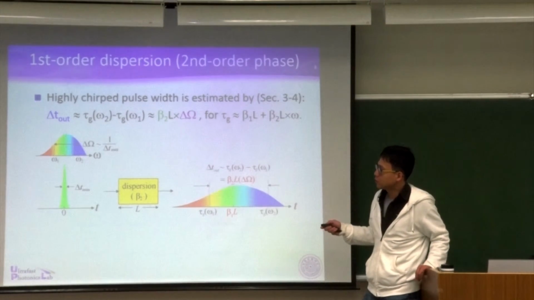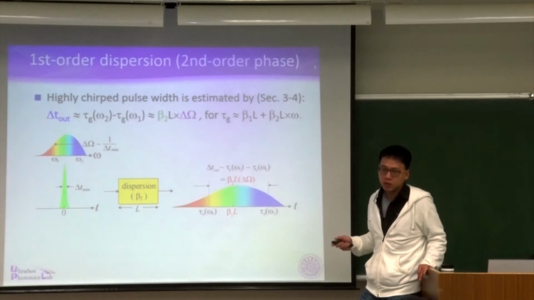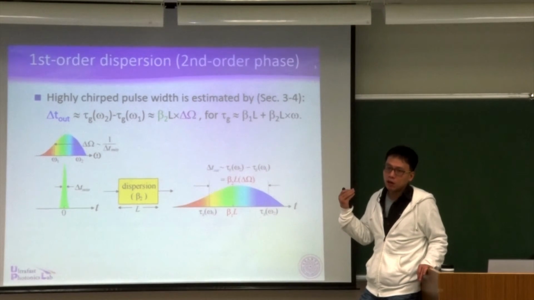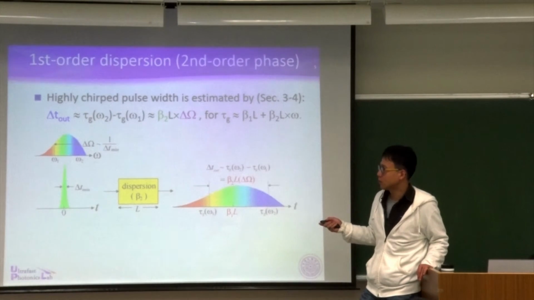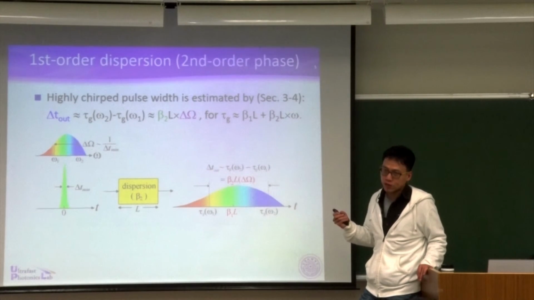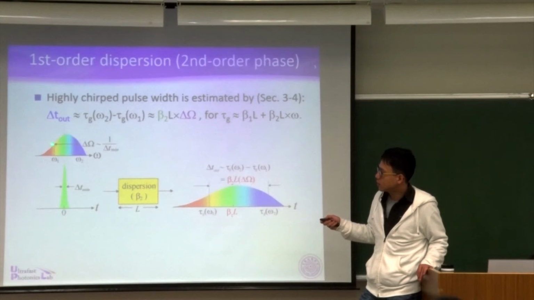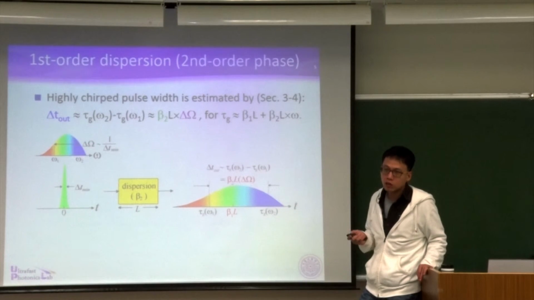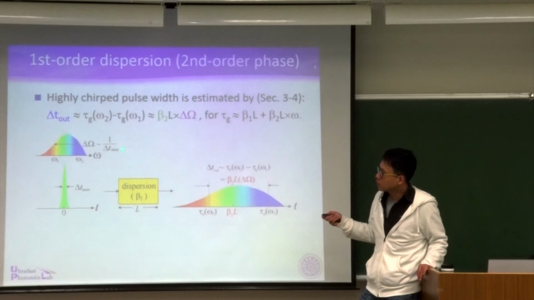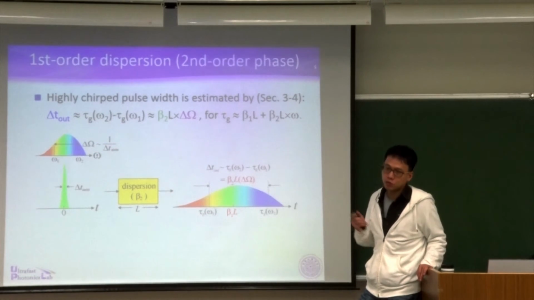And if we define omega 1 as some lower bound of your frequency components, and omega 2 as some upper bound, then the difference between omega 2 and omega 1 is delta big omega, the bandwidth, which is inversely proportional to the input pulse duration.